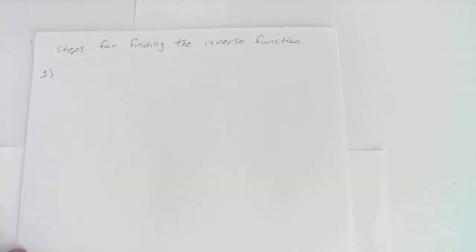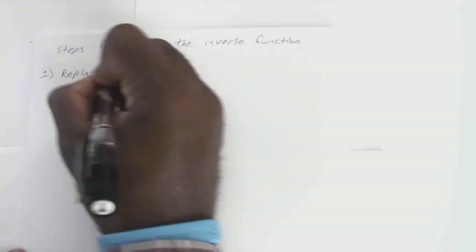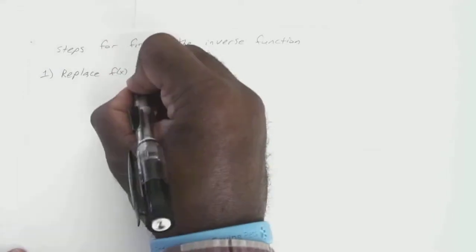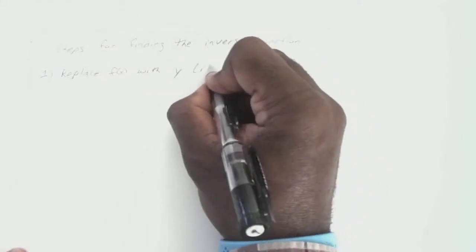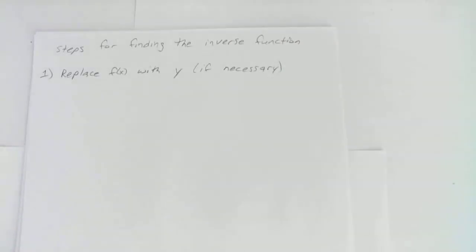So the first thing you want to do is replace f of x with y. That's if necessary. They may have f of x equals some function, or they may just have y equals some function. If it's already y, you can just leave it as y.